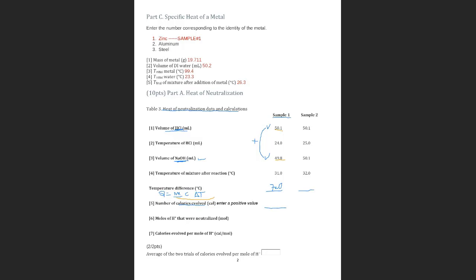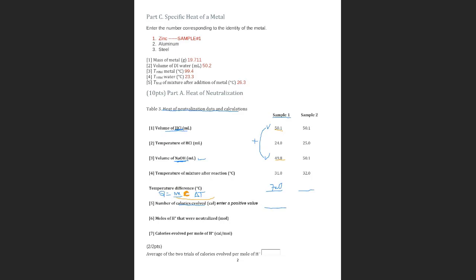The C is easy. What is the C? The C is a constant. They will give it to you. It's the specific heat. In this case, it is for water or for the solution. 4.18 is if they want the Q in joules.